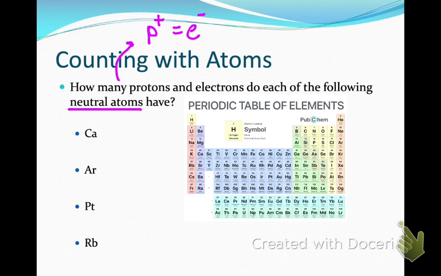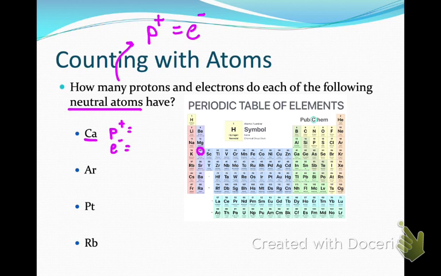So how many protons and electrons do each of the following neutral atoms have? Calcium is Ca. On the periodic table, calcium is right there. So locate that on your periodic table as well. If I'm looking for the number of protons and electrons in a neutral calcium atom, the first thing I do is look at its atomic number.